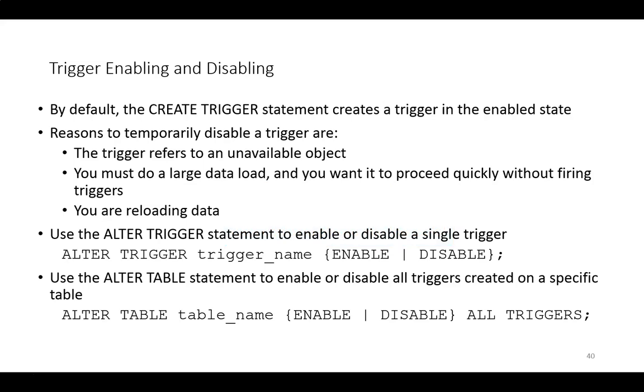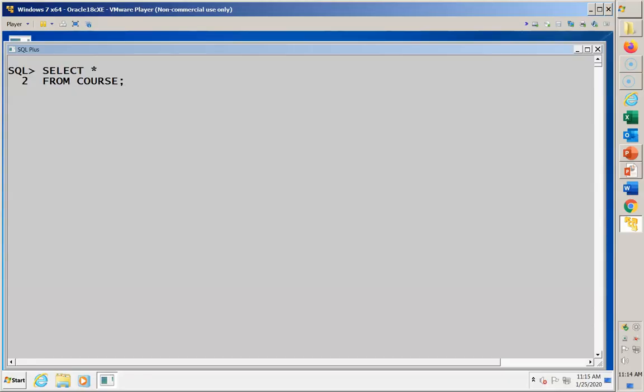So we can alter a trigger with the alter trigger statement to enable or disable a single trigger. If a table has multiple triggers associated with it, we can do this all at once with an alter table statement. We can alter table, enable, or disable all of the triggers associated with that table. I've connected to the database as a different user, a user that owns the course table.